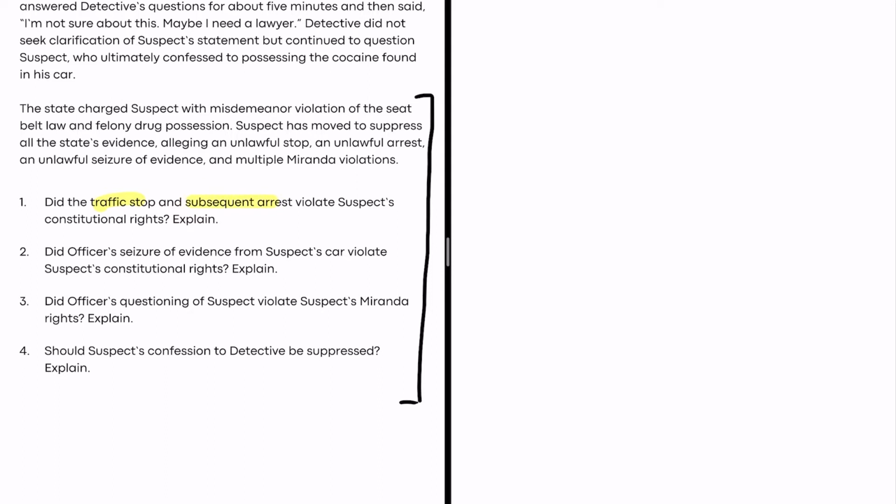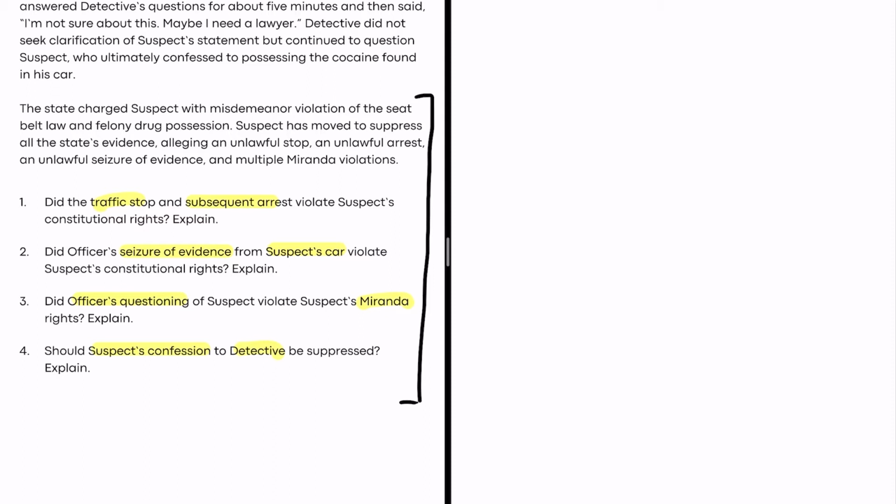Explain. Question 2 asks, did officers' seizure of evidence from suspect's car violate suspect's constitutional rights? Explain. Question 3 asks, did officers' questioning of suspect violate suspect's Miranda rights? Explain. And question 4 asks, should suspect's confession to detective be suppressed? Explain.